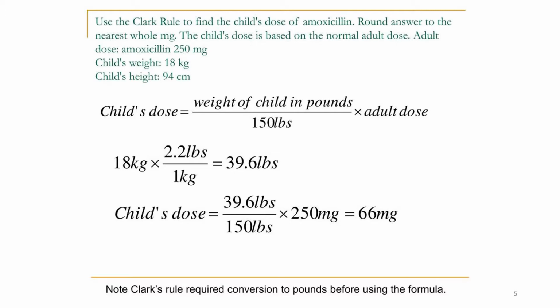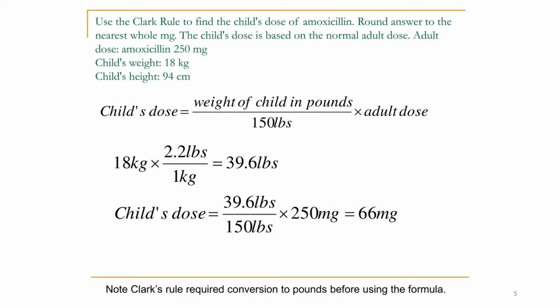So for Clark's rule, you're going to calculate the child's dose. You see that you're going to take the weight of the child in pounds, which we didn't know, so we had to calculate that. That's where you get into your 2.2 conversion from kilograms, and that led us to 39.6 pounds. So 39.6 pounds divided by that average adult weight of 150 pounds, times whatever the adult dose has been calculated to be.